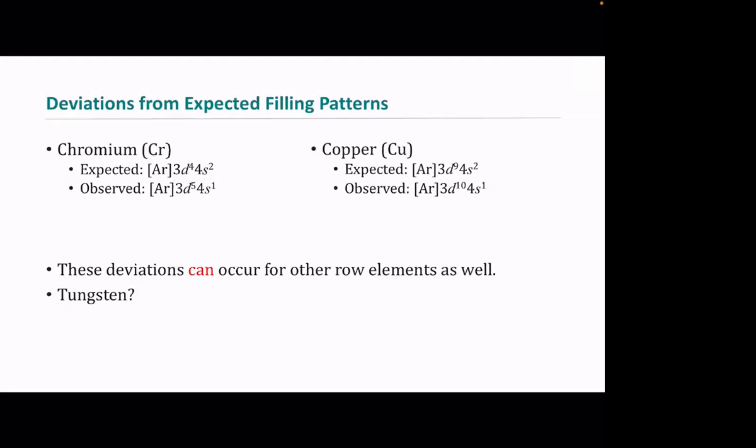It turns out having all 5 of those d orbitals filled with spins in all the same direction is a lower state of energy than having the 2 in the s and having only 4 d electrons in those. Because remember, there's only 5 d orbitals. So by filling them all with 1 electron, that somehow lowers the energy. Okay, that's about all I can tell you. I mean, that's about all I know.